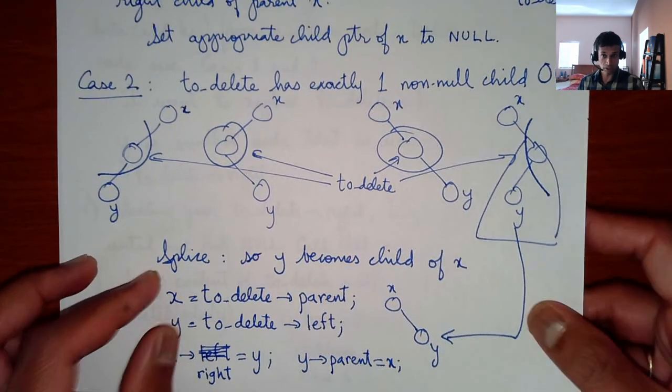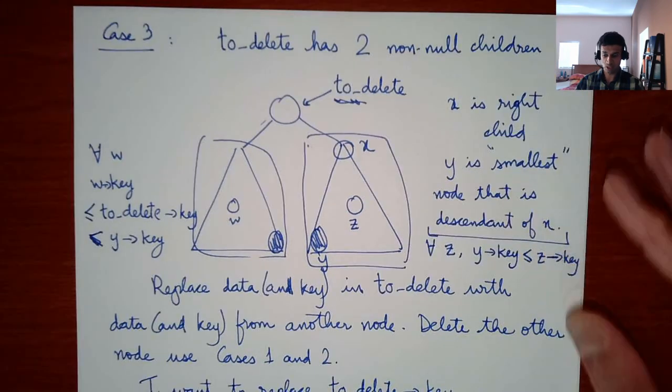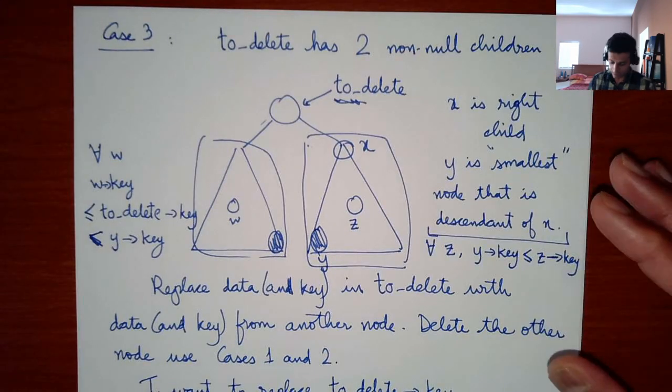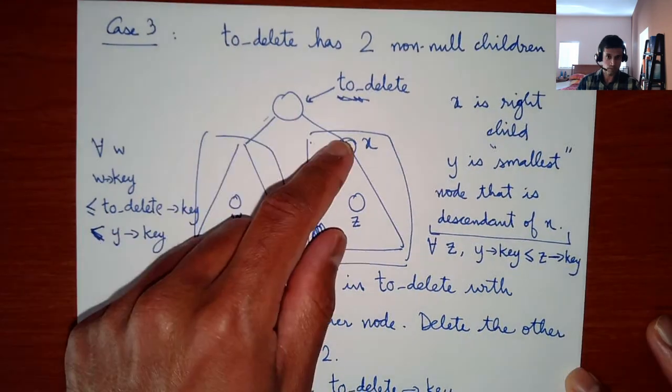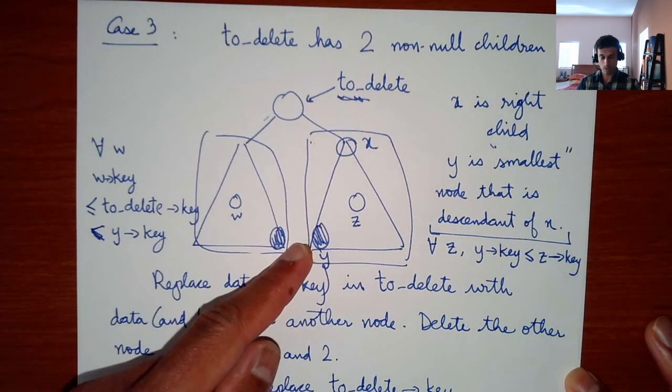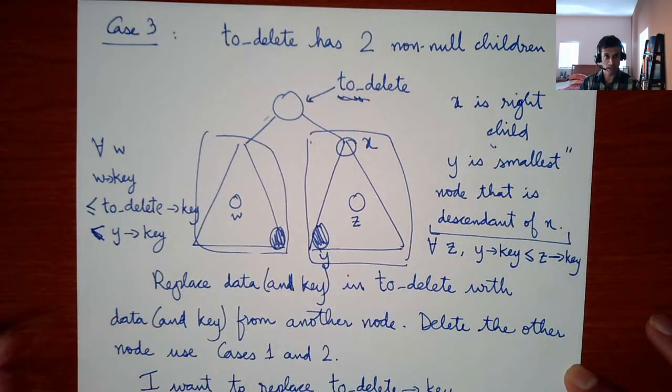The really complicated case is when to delete has 2 non-null children. In this case, you actually have to do a data swap. So you go to the right and you keep going down until you hit the minimum node in this subtree rooted at X. You can also go to the left and keep going rightwards. Both of these approaches work.